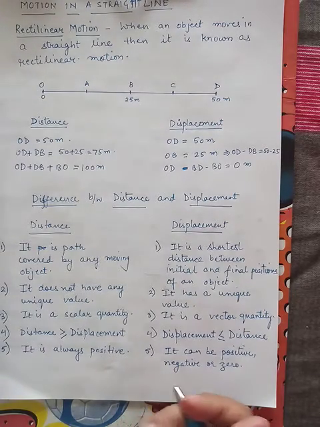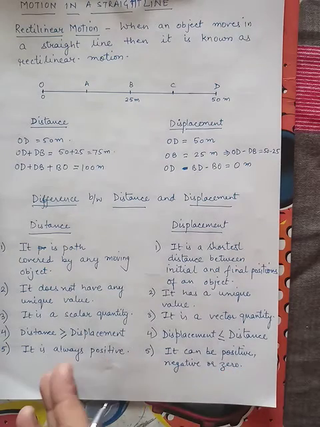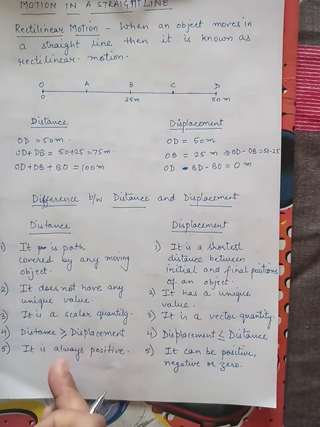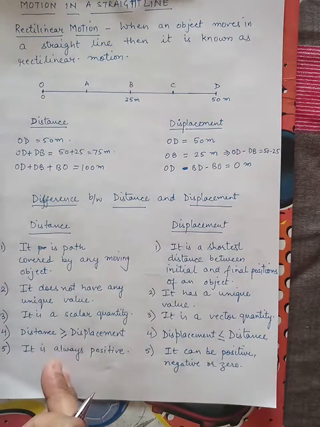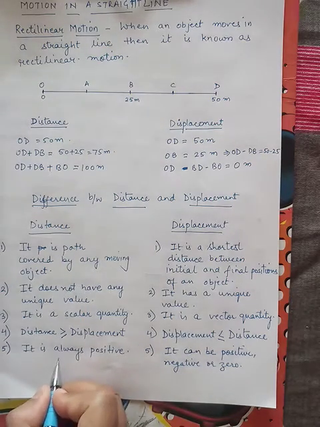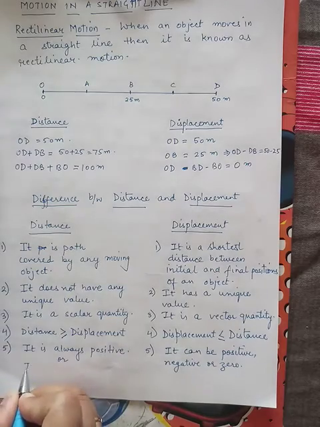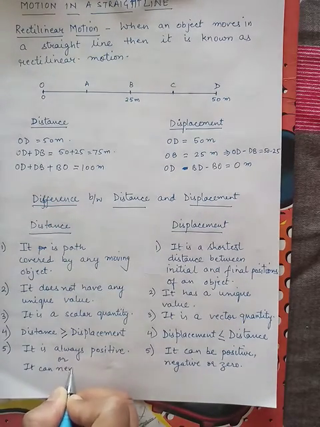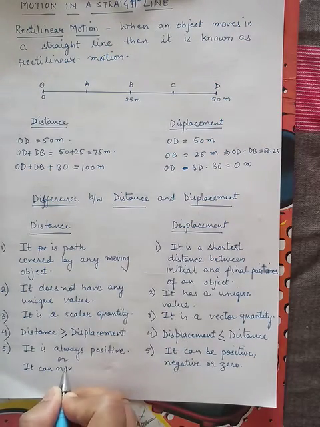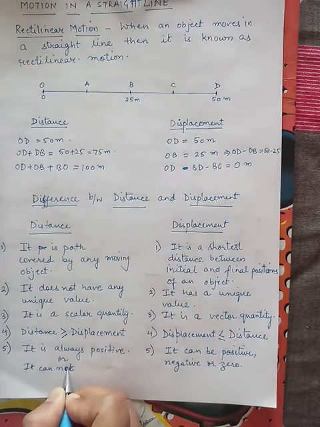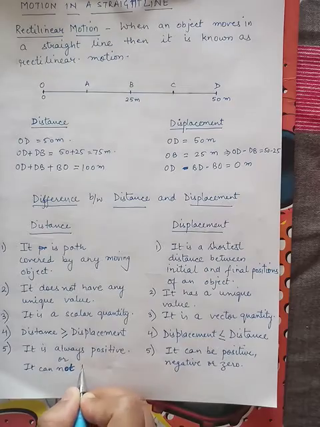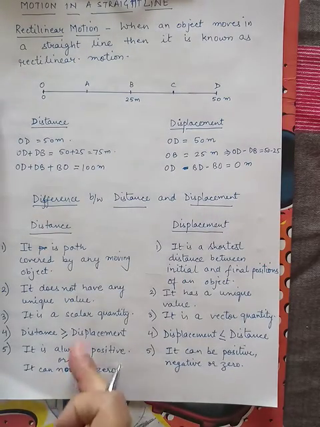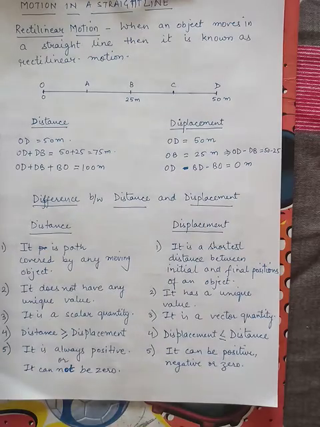Distance can never be zero, so it cannot be zero.